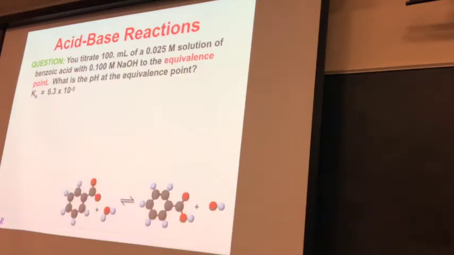All right, at equivalence, we'd like to figure out the pH, and at that point, we no longer have any benzoic acid because the benzoic acid, our weak acid, and the sodium hydroxide are in equal mole amounts. And sodium hydroxide, a strong base, pushes to the opposite side, so we're going to have just benzoate left.